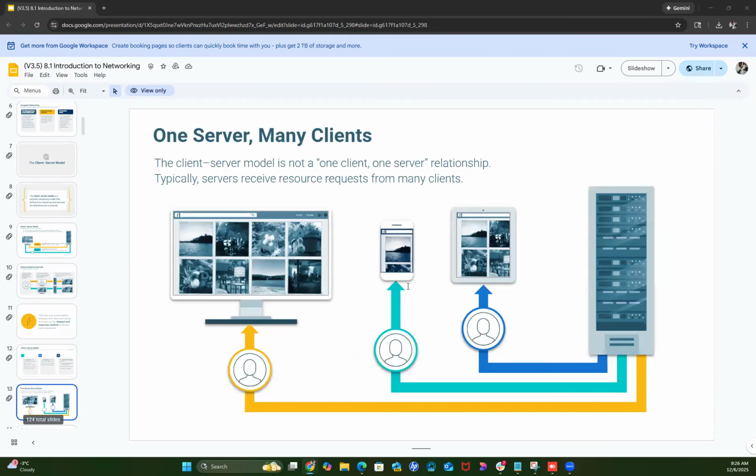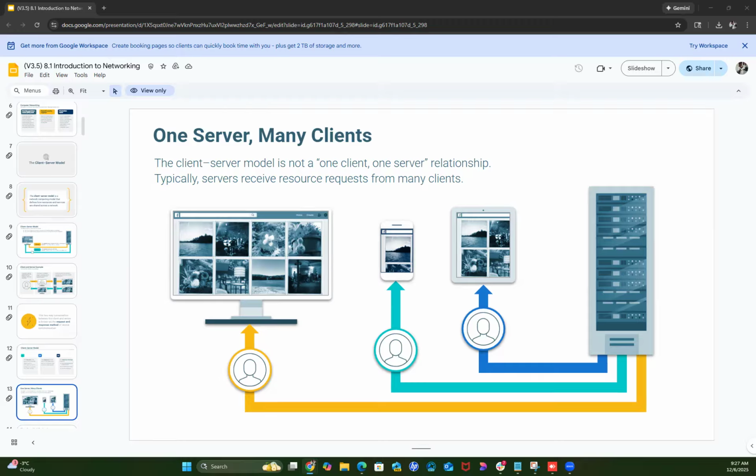Using the Facebook example, the browser makes a request: Facebook, can you please get me my friend's vacation photos? The Facebook web server provides a response. What is the response? Yes, here are your friend's vacation photos. This is the response. The client server model does not mean a one client, one server relationship.